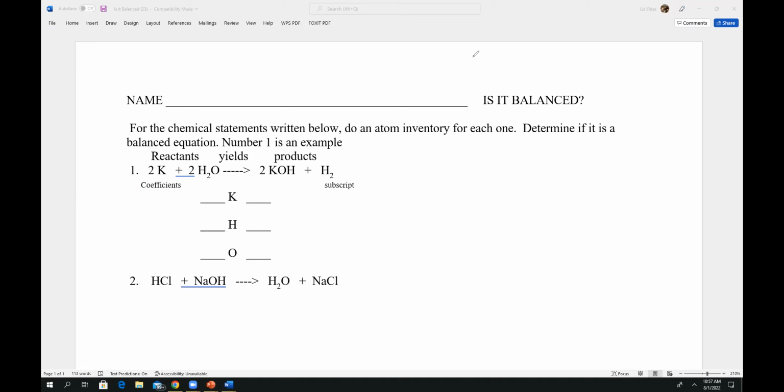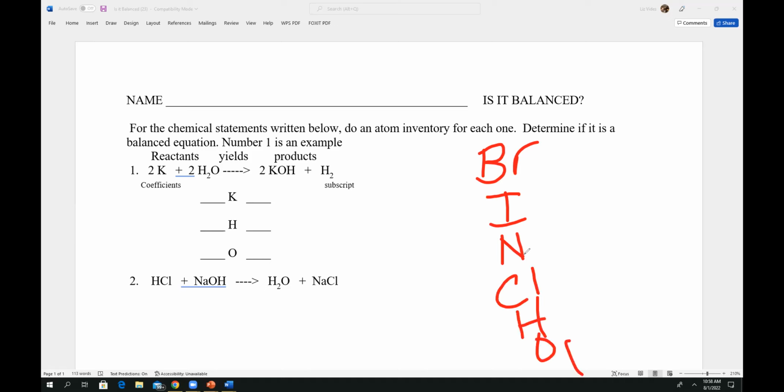Okay. And don't forget that I gave you the ones that are always doubled. It's what I call Brinkelhoff. I'm just gonna draw it. So Brinkelhoff, so it's bromine, iodine, nitrogen, fluorine, hydrogen, oxygen, and fluorine. These all come in 2s.